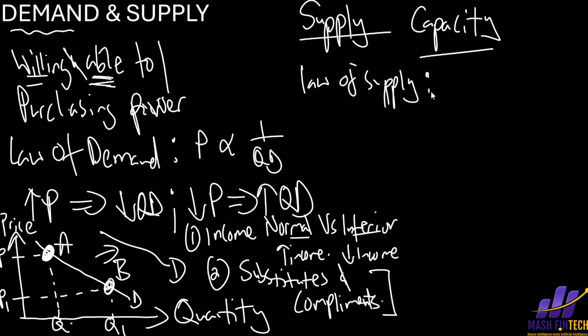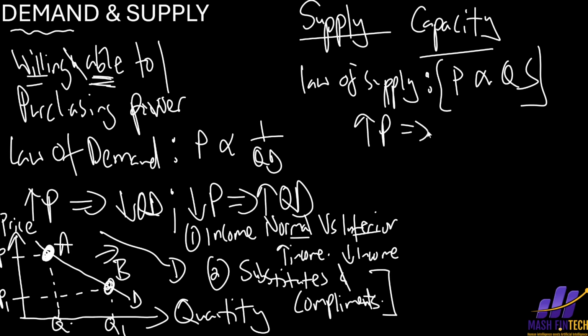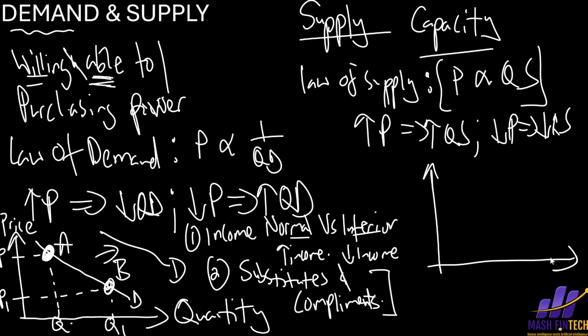So the law of supply is such that price and quantity supplied have a positive or a direct relationship. So if the prices go up, the quantity supplied would also go up. Price go down, the quantity supplied would also go down, and hence you draw the supply curve.